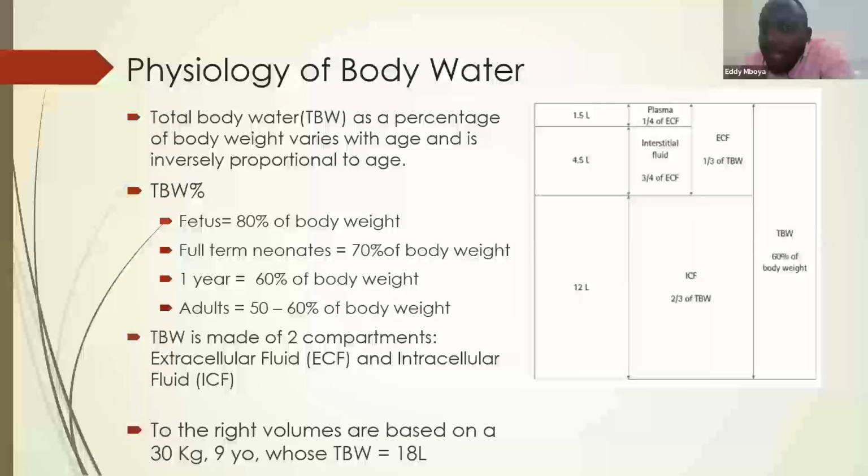The extracellular fluid is further divided into two compartments: plasma, which we find mostly intravascularly, and the interstitial fluid, which is extravascular. These make up the extracellular fluid volume, which in this child is around 4.5 liters.